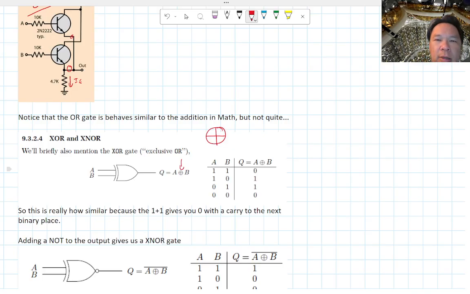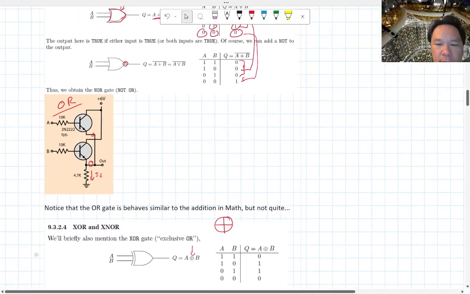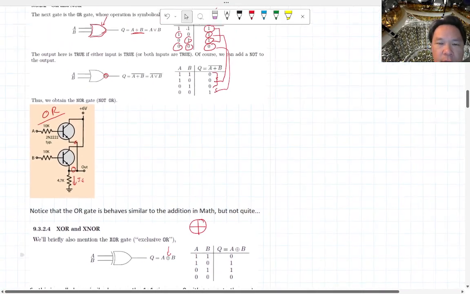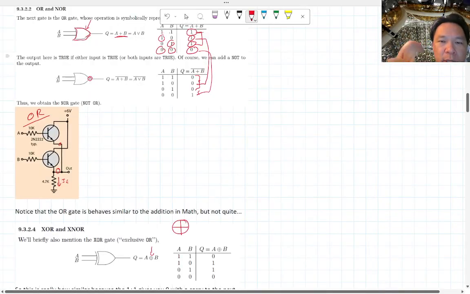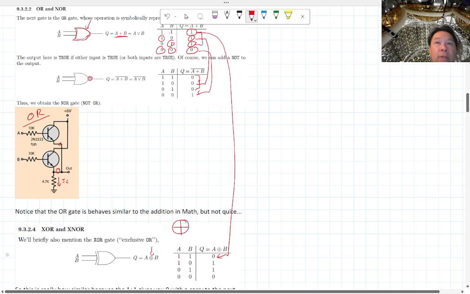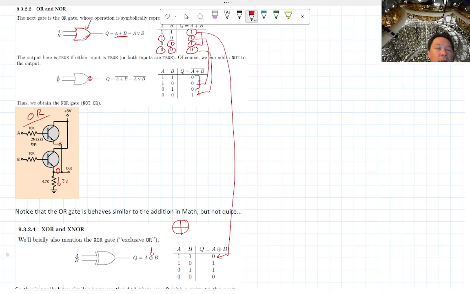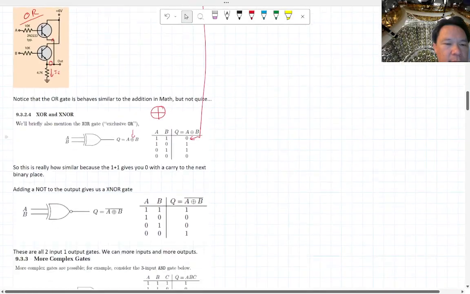The only difference between the OR and the exclusive OR is that 1 1 gives you a 0. That's the only difference. So it's only high if only one of the inputs is high.